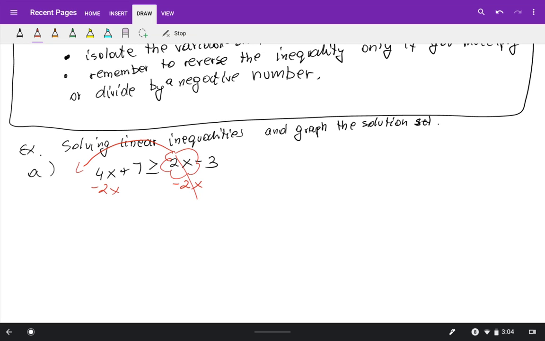So that will cancel, and we have 4x minus 2x, which is 2x, plus 7. And remember, when you're adding or subtracting, the inequality stays the same, greater than or equal to -3. Next, you want to isolate x, which means that positive 7 has to be moved to the other side. Since you see positive 7, you will subtract 7 from both sides. So that will give you 2x greater than or equal to -10.